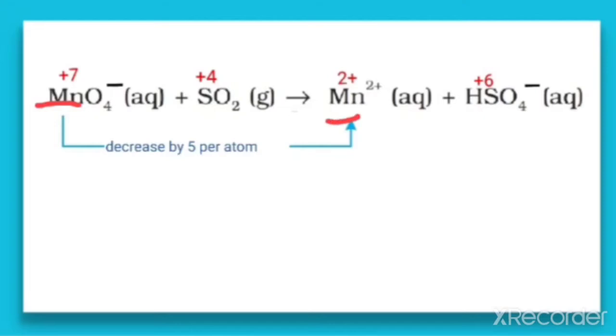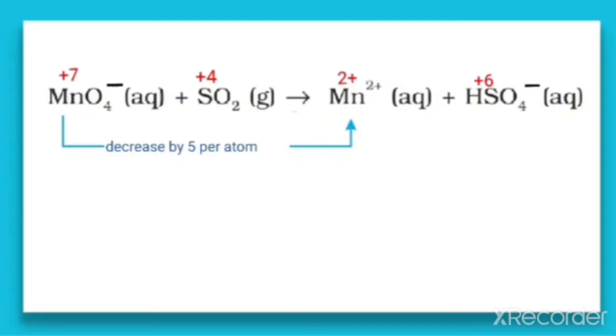Therefore for per atom there is a decrease by 5. So you have to mention it as I mentioned here: there is a decrease in the oxidation number by 5 per atom, from plus 7 to plus 2. The decrease is 5.